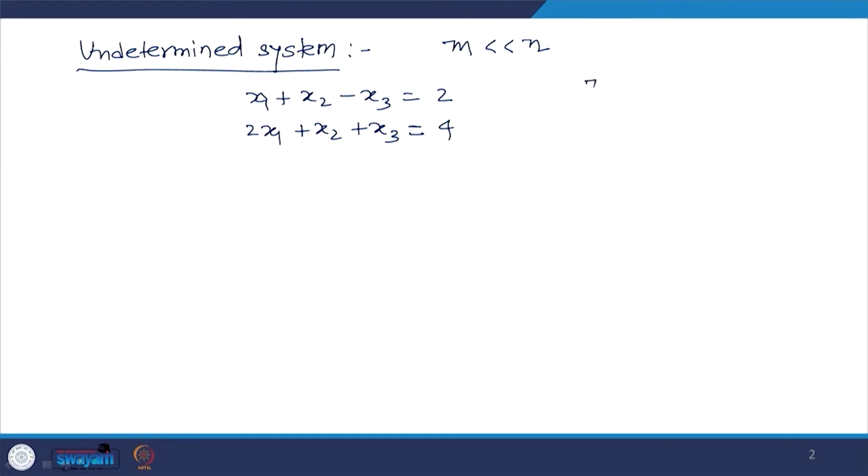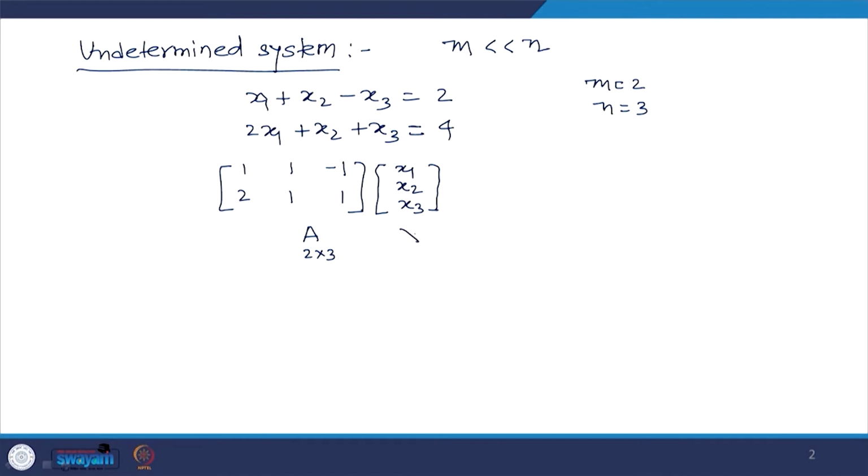Here we have two equations and n equals 3, that is 3 unknown variables. So my coefficient matrix will become 1 1 minus 1, 2 1 1, that is my matrix A, which is 2 by 3, and then I have the column x of unknown variables equals 2 4, the right hand side vector b. So x is 3 by 1 and b is 2 by 1.